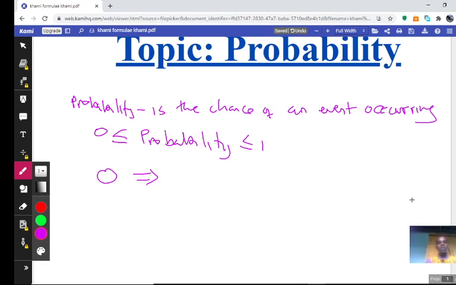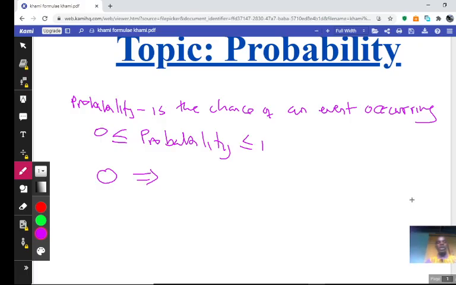For example, the probability that a boy can get pregnant. What's the probability? It's actually 0, because a boy will never get pregnant. Then 1 means you are certainly sure that the event will certainly happen.